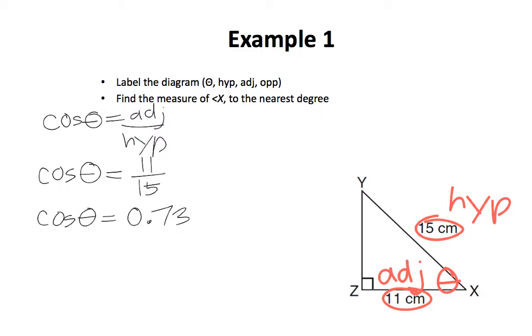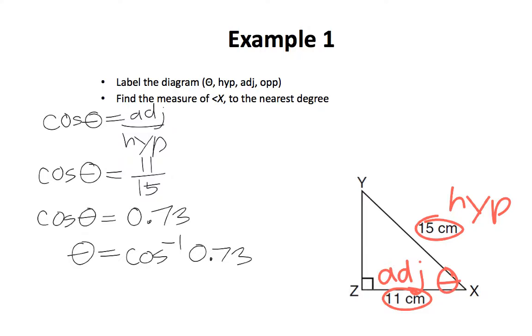However, theta is stuck with this cos. To get rid of it, you need to do the inverse cos, and it looks like this. There's a -1 right above it, and the 0.73 looks exactly the same. To access the inverse function, you either need to press a shift button, an inverse button, or a second button.